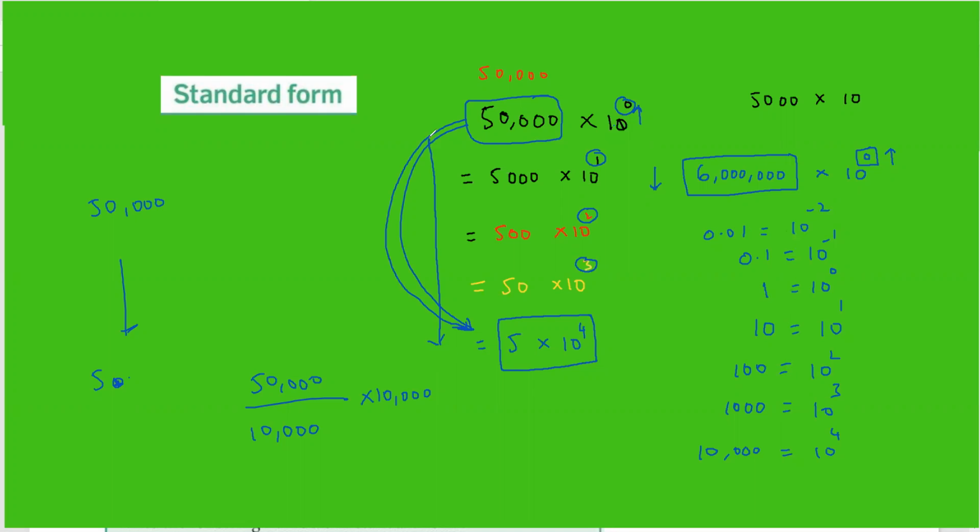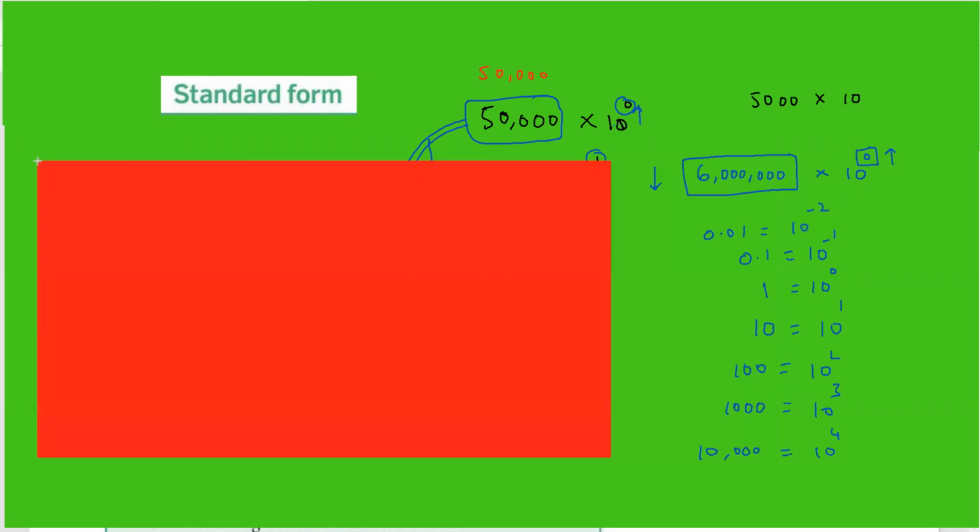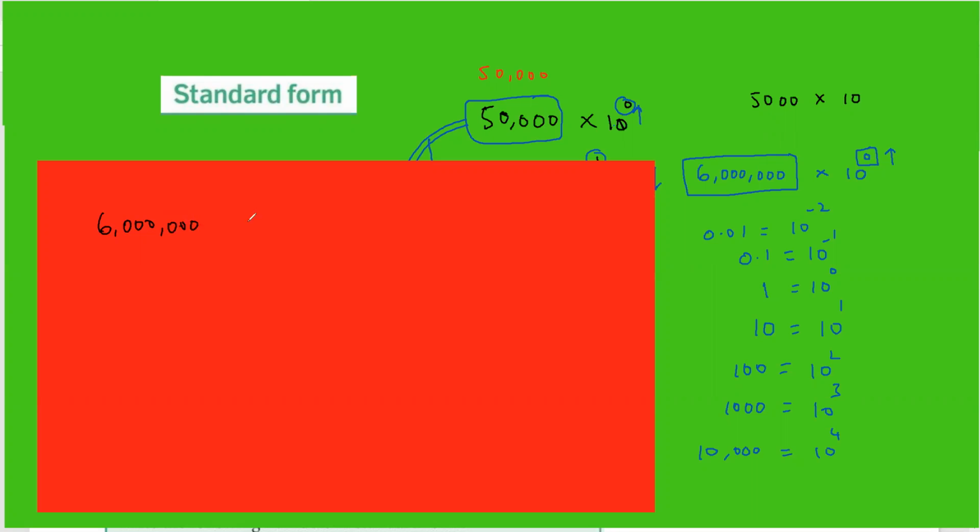So let's say we want to write another number in standard form. I think I just wrote that 6 million here. I want to write this in standard form, so this should be 6 times 10 raised to power 6.